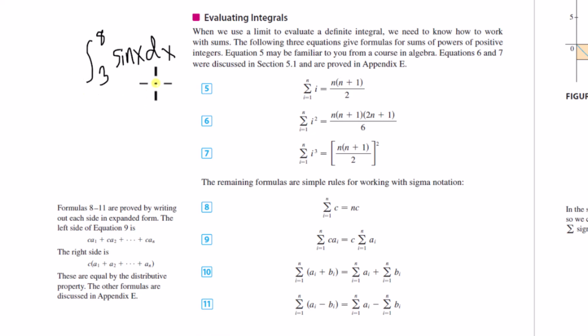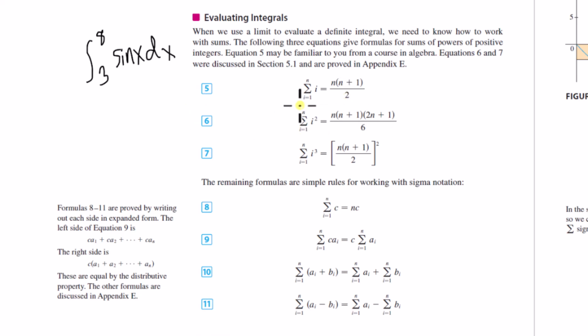We have not talked yet about the idea of doing an antiderivative to solve this. We'll learn that once we learn the fundamental theorem of calculus. Right now in this section, we're solving this from the Riemann sum perspective, and to be able to do that, what we're going to see in the upcoming example problems is we need to know how to work with summations. That's how you can solve this. And so they list out summation properties here to help you to solve this.